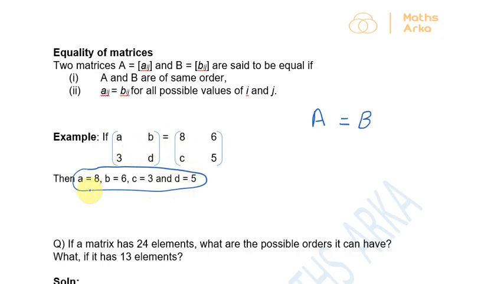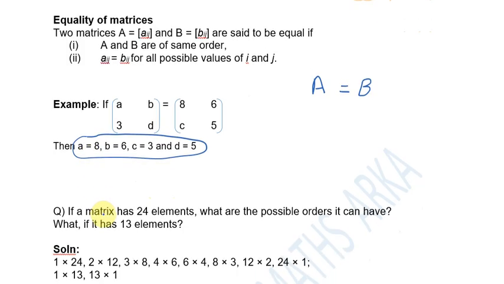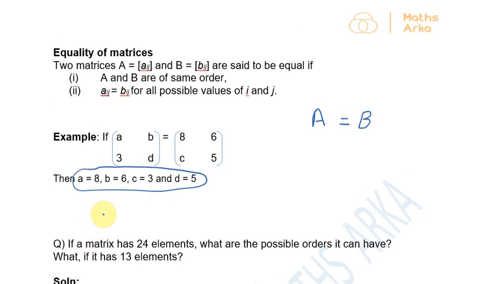Okay. So let's move on to one of the questions on what we have learned till now. The question says that if a matrix has 24 elements, what are the possible orders it can have? We have to find all possible orders of a matrix which has 24 elements.